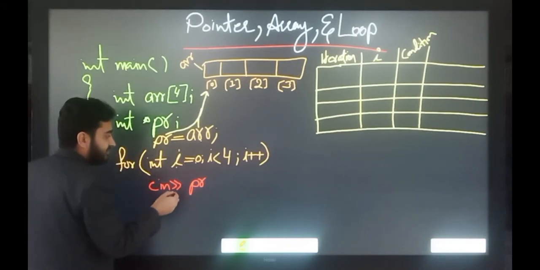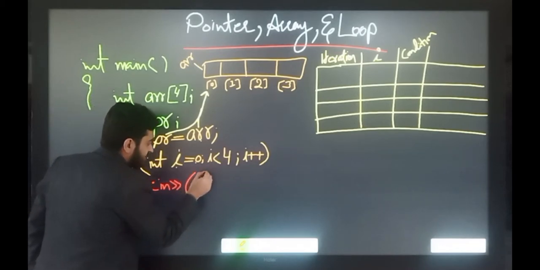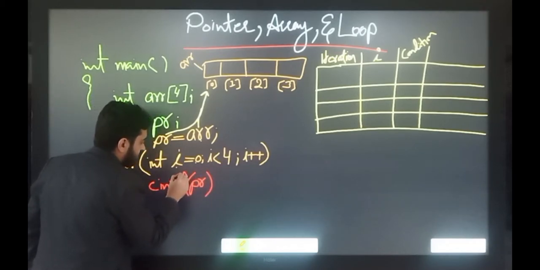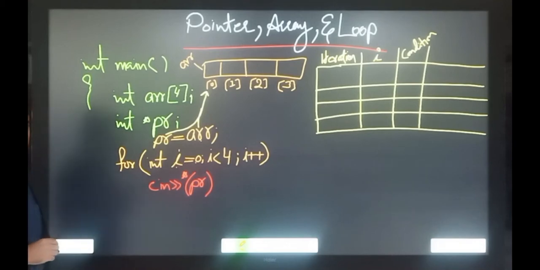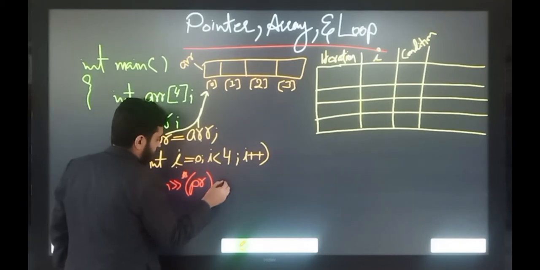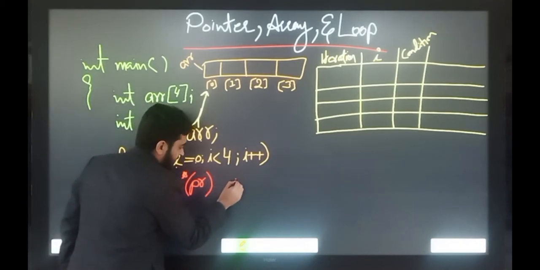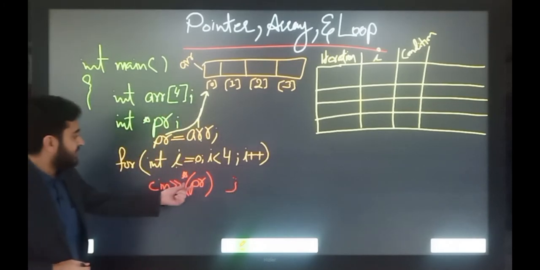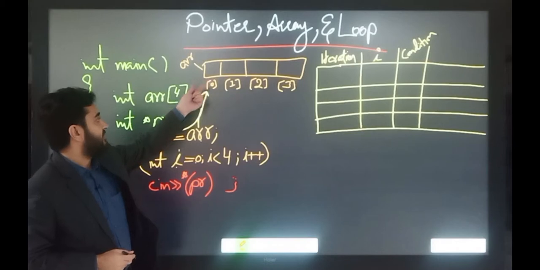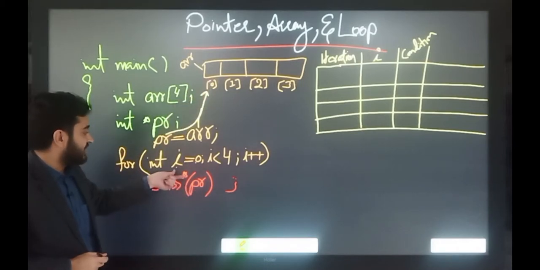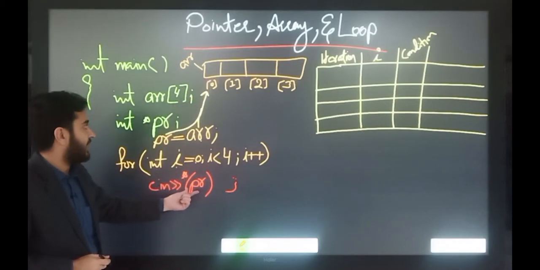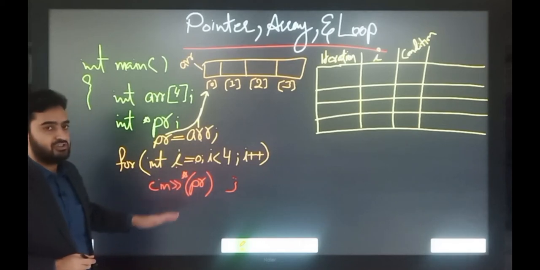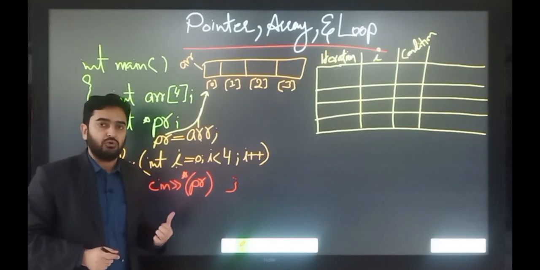Okay, so for that we need to dereference this pointer. Okay, and then we need a terminator here. So in this way PR has the first address and we are dereferencing that address, and on that address we are going to save a value from the user.